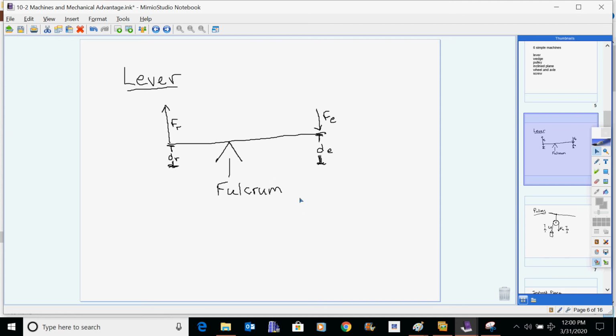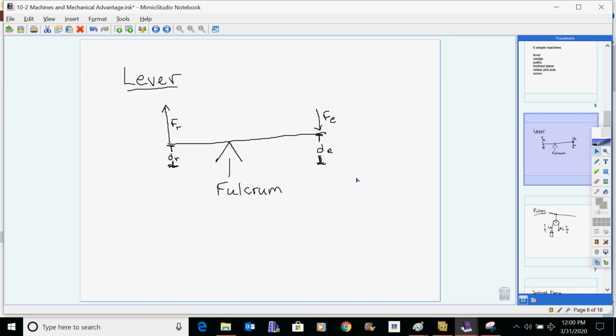Okay, and there are other levers as well. For example, a baseball bat is a good example of a lever, but in that case, the fulcrum is where your closer hand is, the hand that's closest to you, and then you're putting the force in, for the most part, with your outer hand.